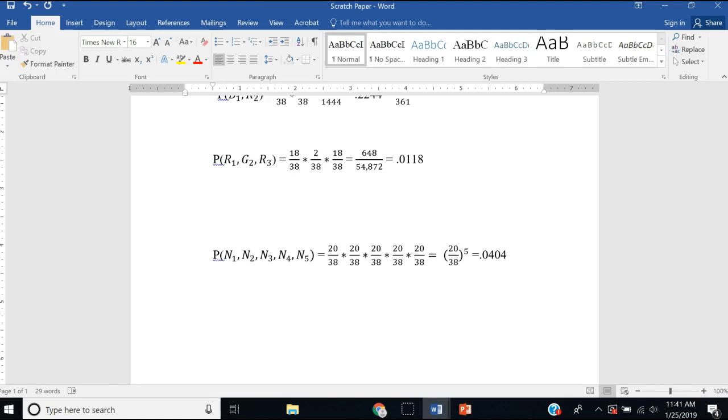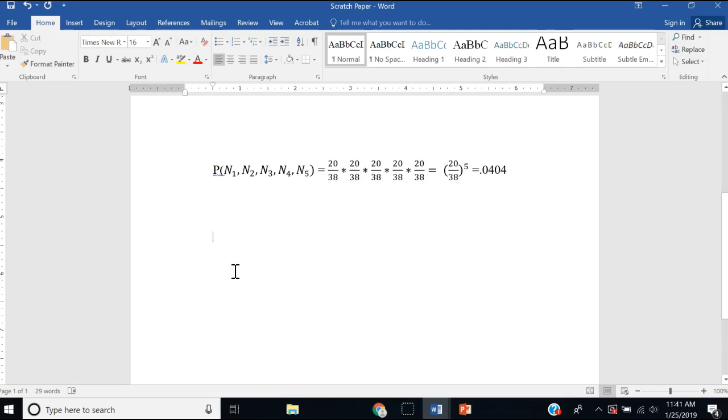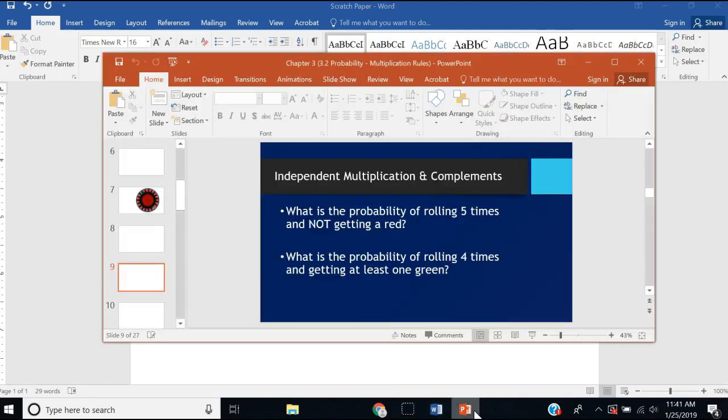And again, that's really useful using exponents rather than repeated multiplication when you have a lot of trials. Like in this case, we have 5 trials back to back to back to back where we're rolling the roulette wheel. Okay, so basically what I'm doing there is I'm using complements on an individual trial, okay, the not rolling red.